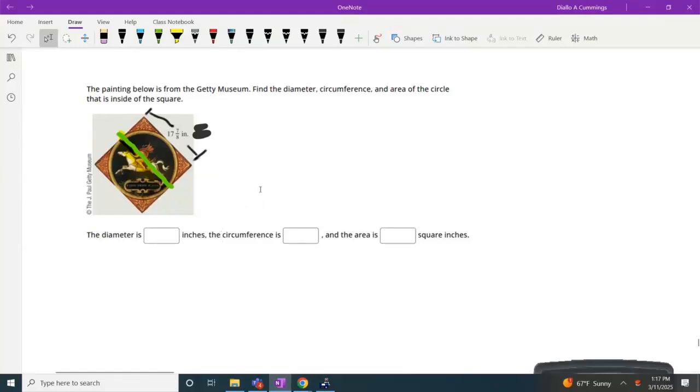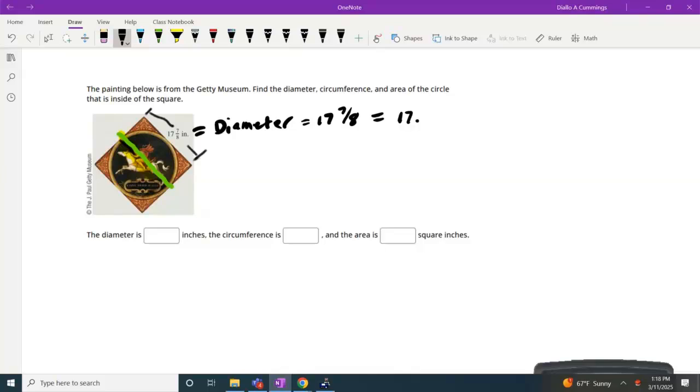Okay, so let me just clear this up. All right, so this is the diameter. 17 7/8 of an inch.